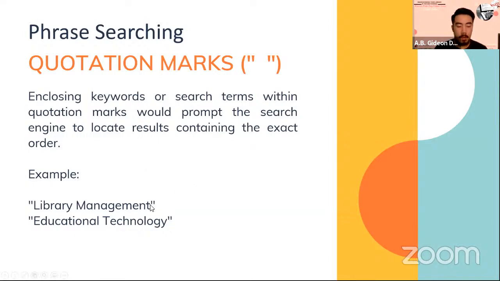However, obviously, there is a limit to the words that could be entertained by the use of quotation marks for phrase searching. I think if you go beyond 10 or more words, you'll have a hard time searching for materials, as the search engine would take into account all those 10 words, right?